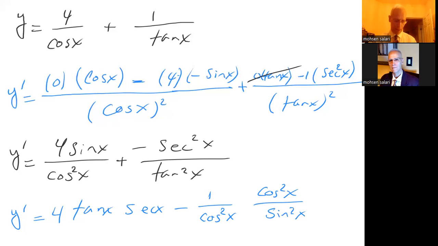Okay. And notice that I can cancel this with this, and 1 over sine squared is cosecant squared. So let's go to the next page and finally clean it up.